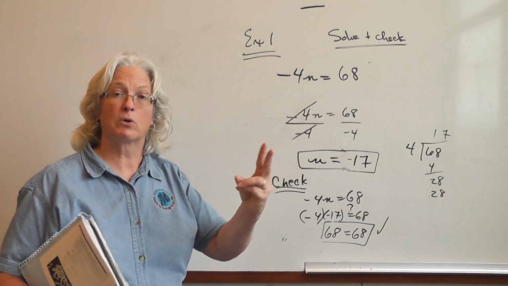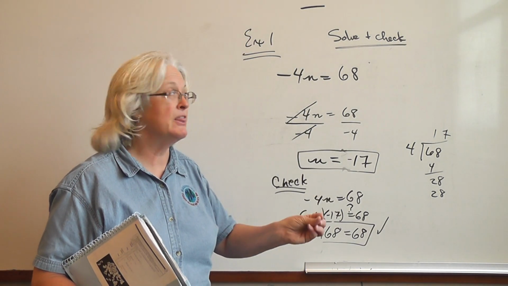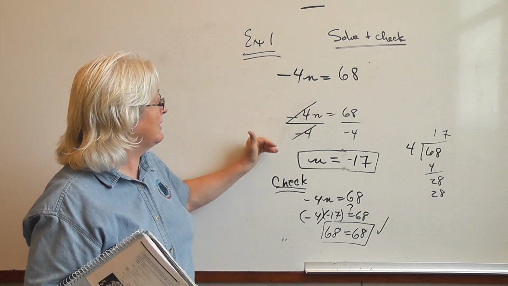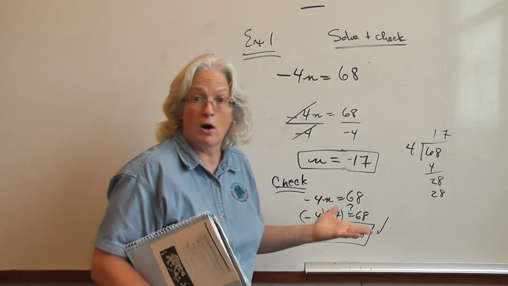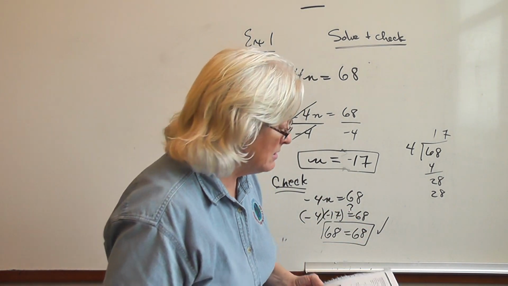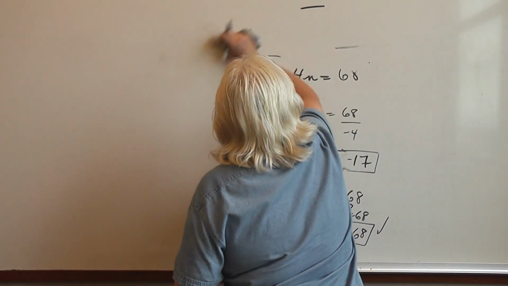You know that the product of two negative numbers is always going to be positive, and thus you have verified and validated that your solution is correct. That's all that's involved in this. So let's go ahead and look at example 2 now.